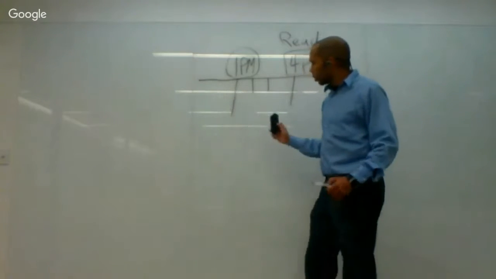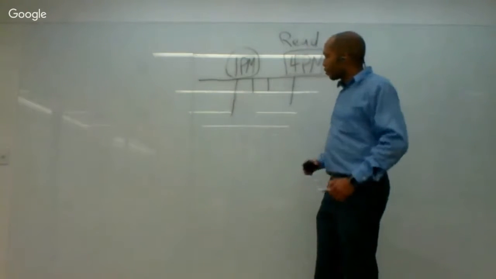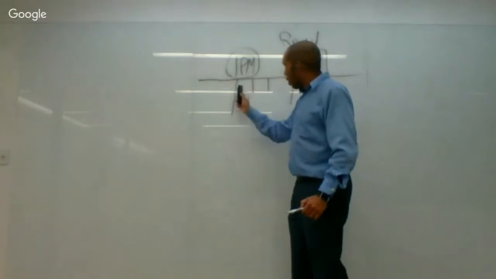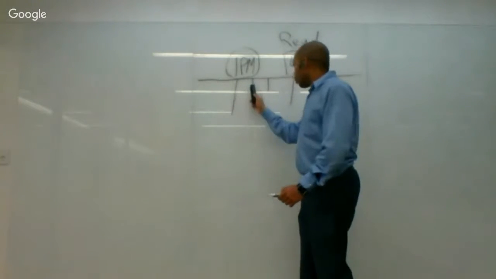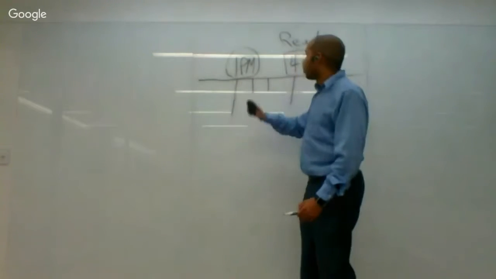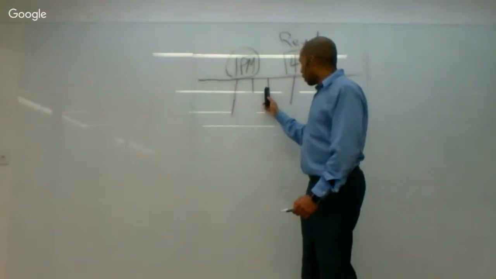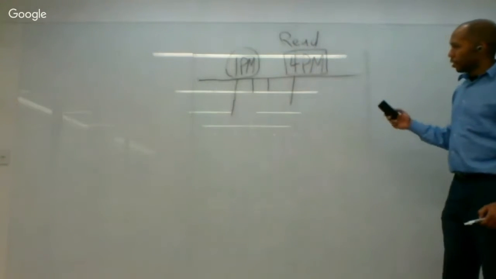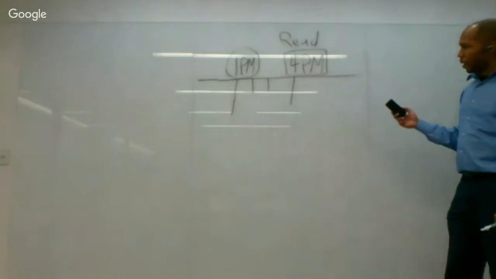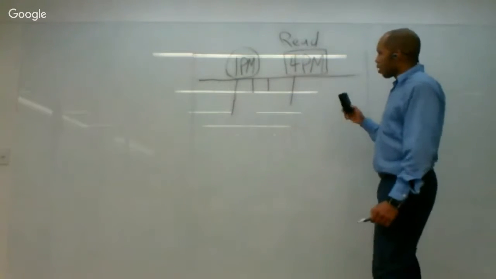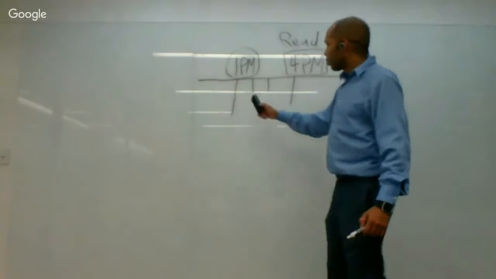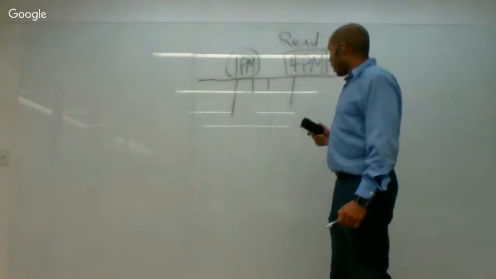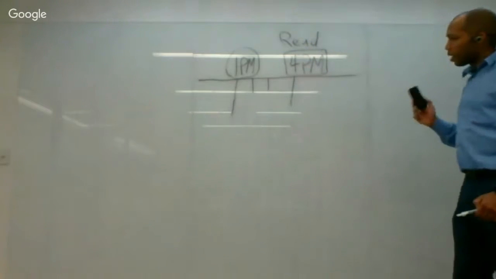If you were to do it as a human looking at this, you could say, okay, 1 p.m., 2 p.m., that's 1 hour, 3 p.m., right? And you could simply count the hours and give yourself the difference. I said the time wrong before, but basically you could count the steps there and it would be that easy. But the thing about it is how to do it in a program.